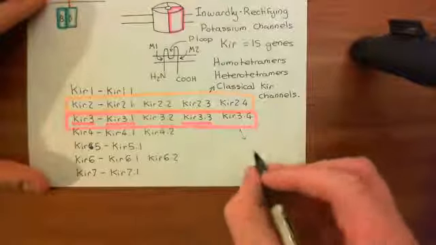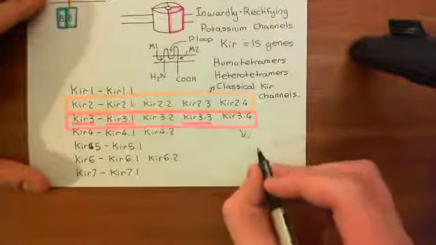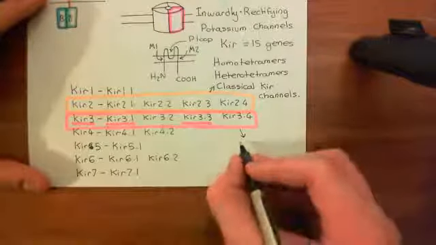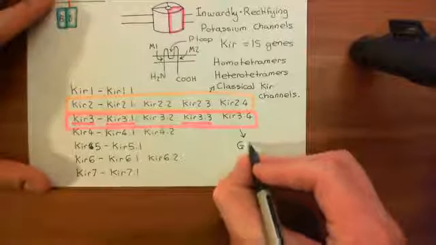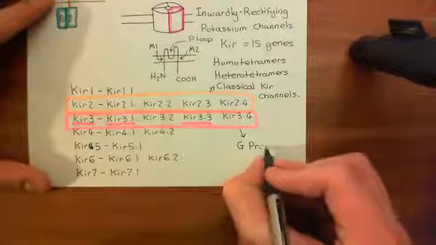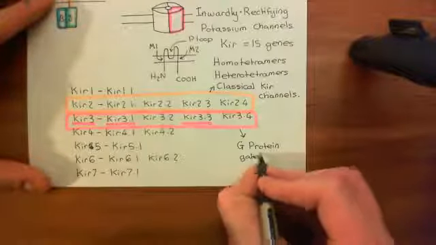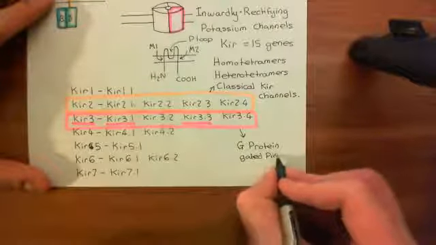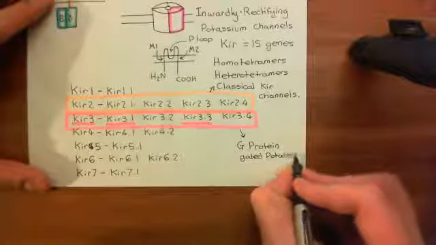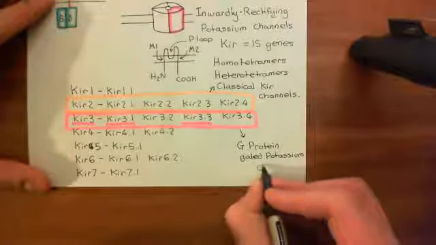And these are called G-protein gated potassium channels. So they're assembled from subunits in this KIR3 family.